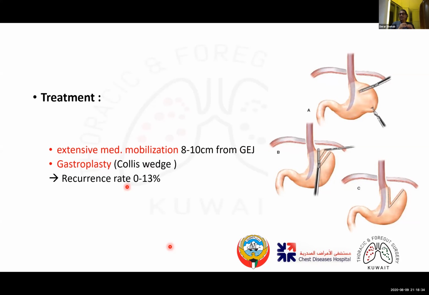We call it a gastroplasty, Collis wedge. In Collis wedge, we create a neo-esophagus inside the abdomen, or a longer esophagus, by wedging 3 to 4 centimeters from the fundus. With Collis wedge gastroplasty, the recurrence rate is reduced to 13%.